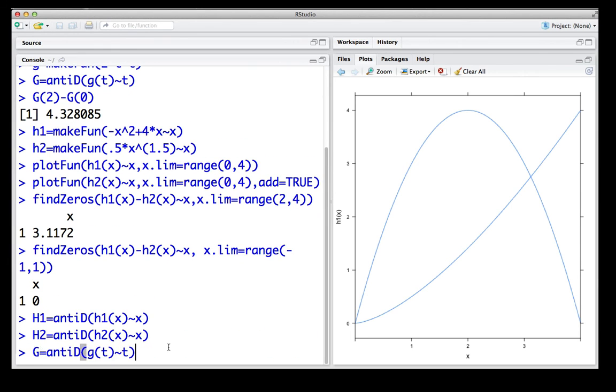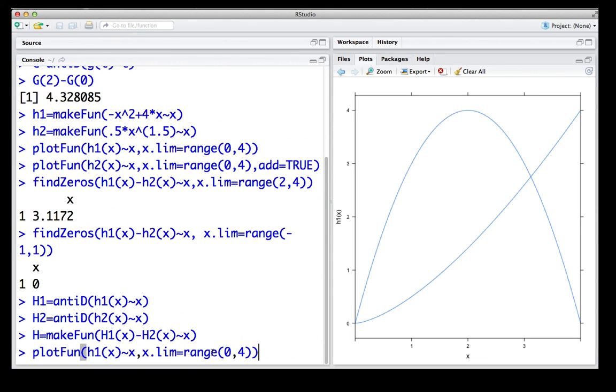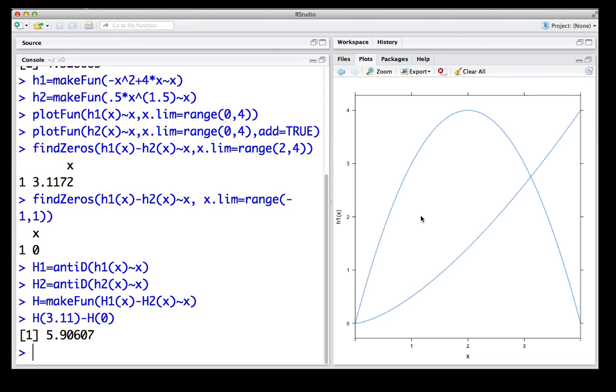And then we just need to evaluate both of those and subtract. It's very simple to make a new function that is the difference of the antiderivatives. We'll just call that h. And then just say what's the h value, the antiderivative of both of those at 3.11 minus the antiderivative at 0. And we should get about 5.9.